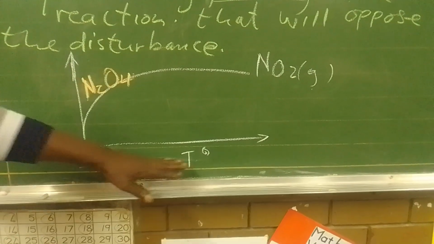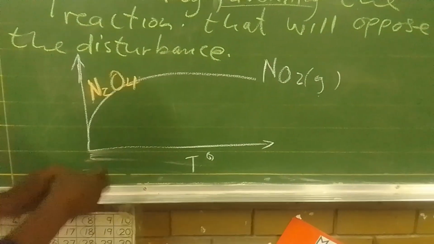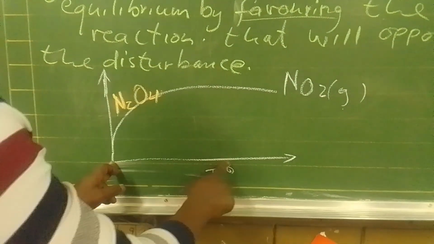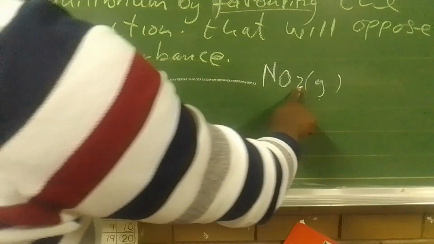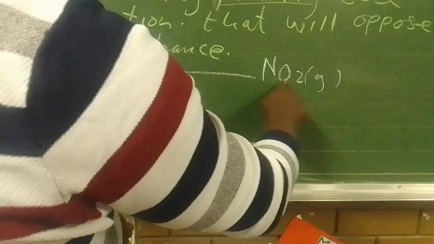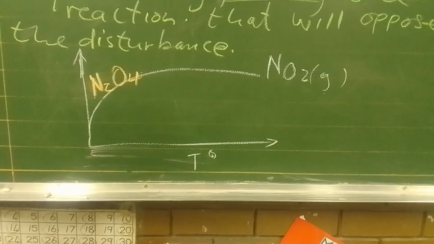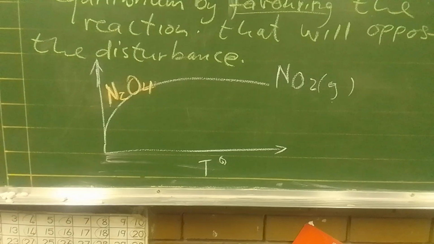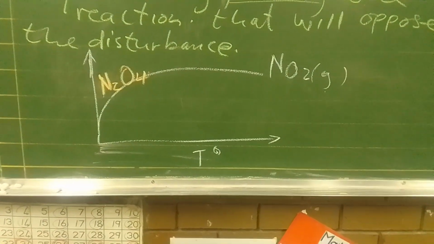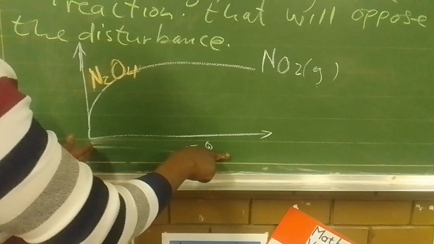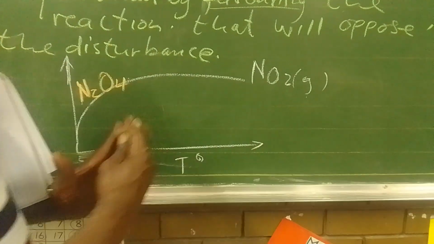Before the temperature has been increased, you still have the reactants, but as the temperature rises, you are forming the NO2 gas. Then is this endothermic or exothermic? You know that endothermic means taking in heat. As you apply the temperature, you are taking in heat.